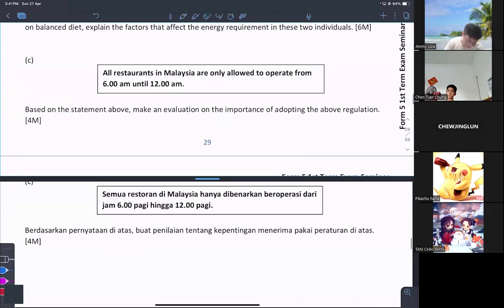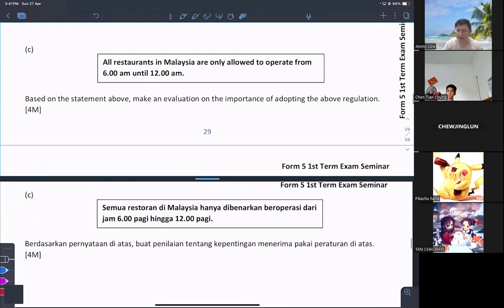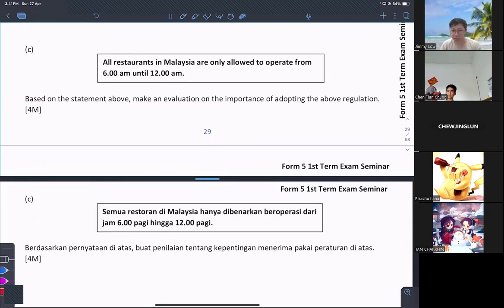So C, yeah, you see, this is why I asked you to go through the mama stuff just now. Whenever I highlighted the point with you, right? I said the eating pattern of Malaysians. They ask here, based on the statement above, make an evaluation. Evaluation doesn't mean there's a standard answer. Evaluation is the easiest way to answer because evaluation is an open topic.